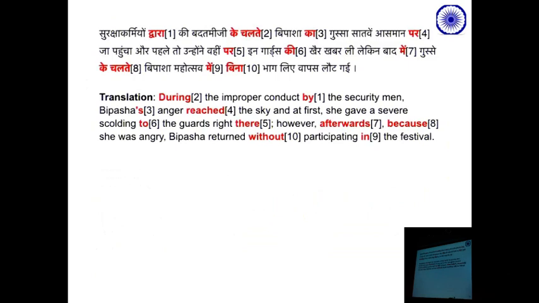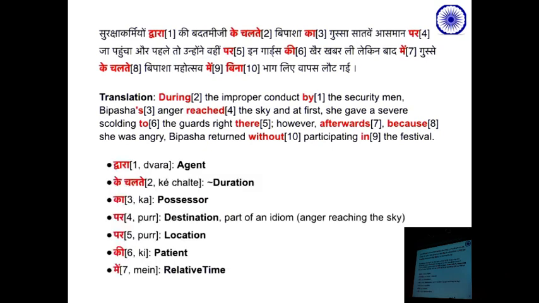Here's a sentence from Hindi. I'm not a Hindi speaker, but the interesting thing in this sentence was this marker ke chalte, which doesn't seem to have a clear correspondence to an English preposition. It sort of means after the start of, but overlapping in time with.